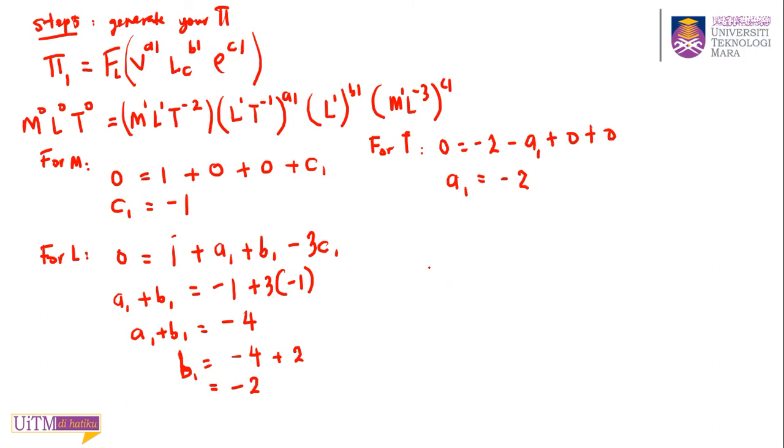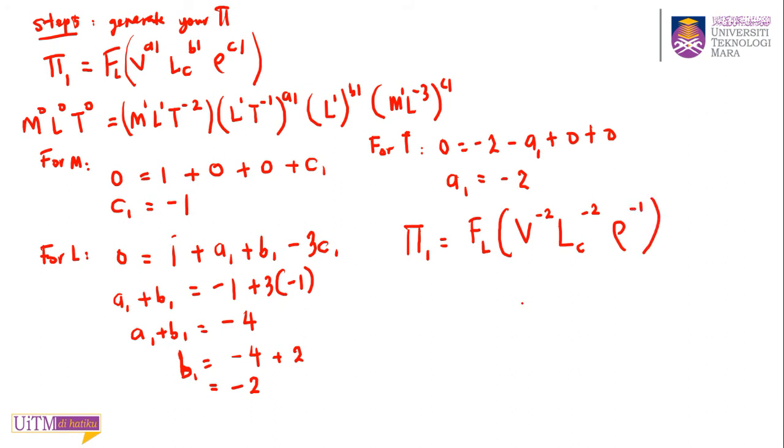Now you can write your first pi as F L times V, the A1 is minus 2, L C, the B1 is minus 2 also, rho C1 is minus 1.